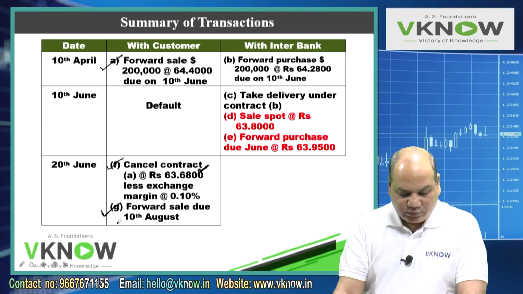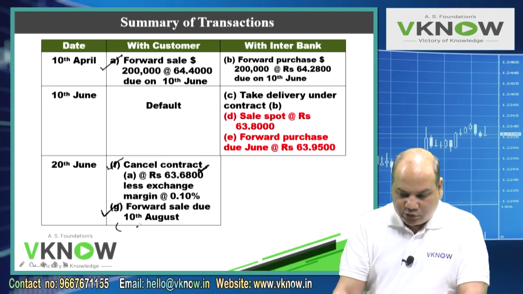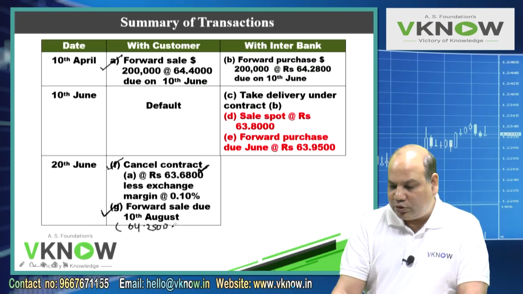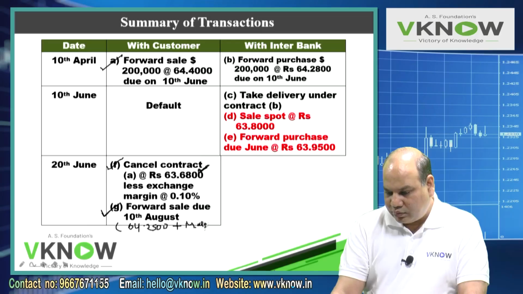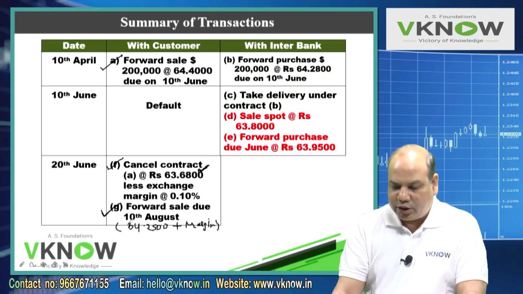The forward sale rate will be 64.2500. Look at August. August is the fourth line, last column. 64.2500 plus margin. This is the rate at which the new contract will be entered into.